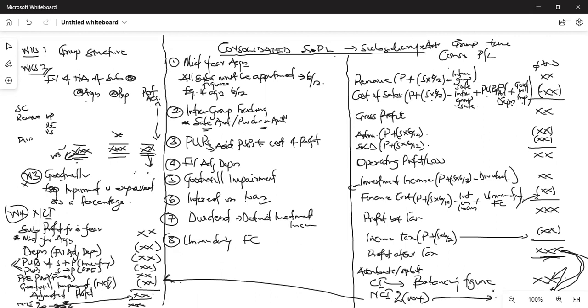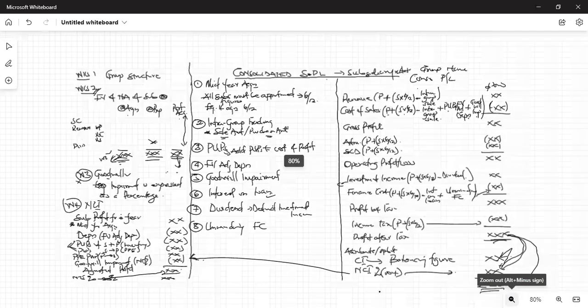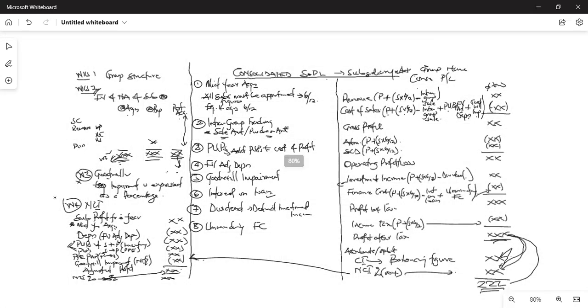Not all questions may allow you to go through all these things. That said, let's take an illustration and work it out.